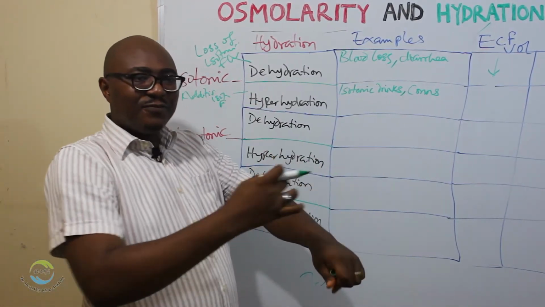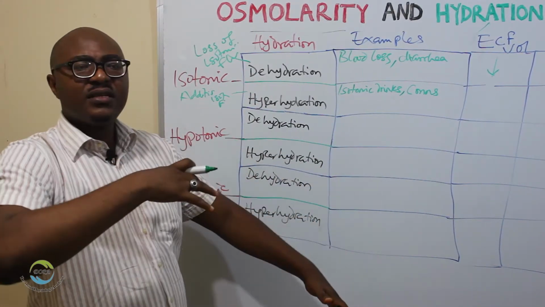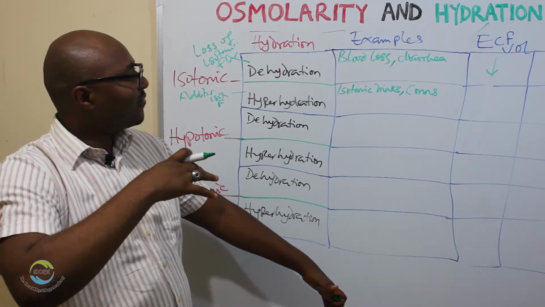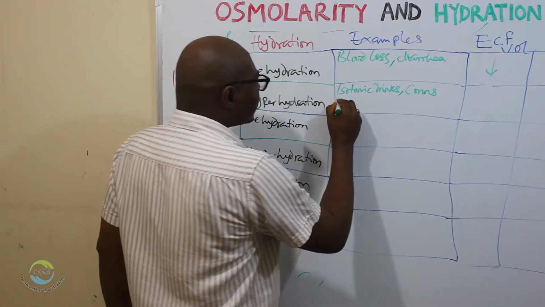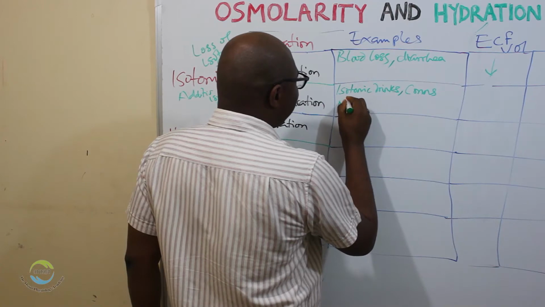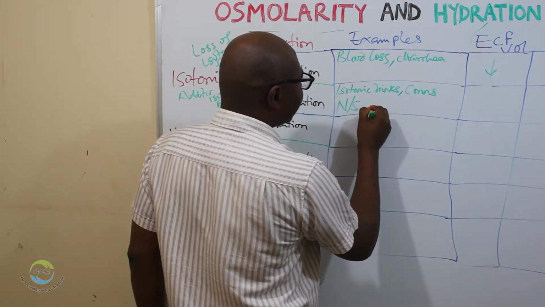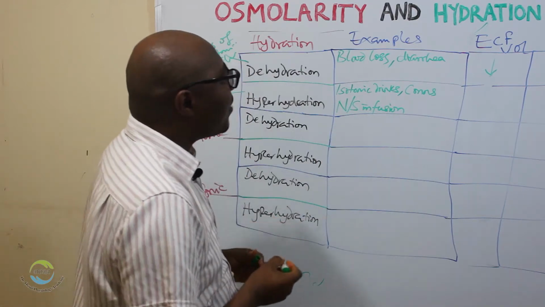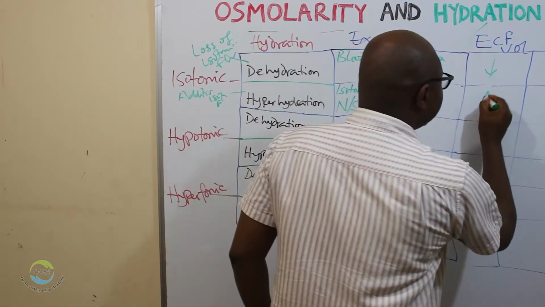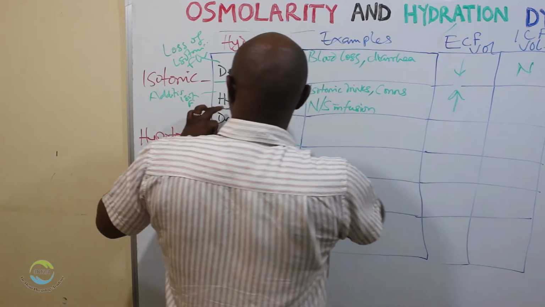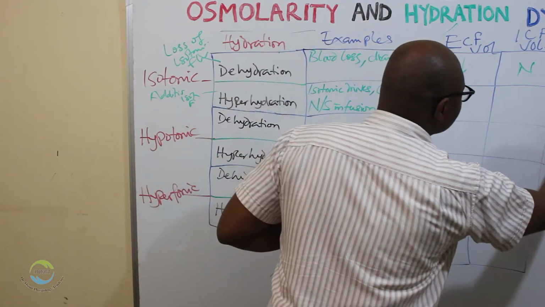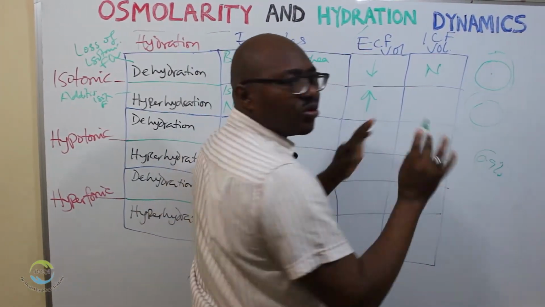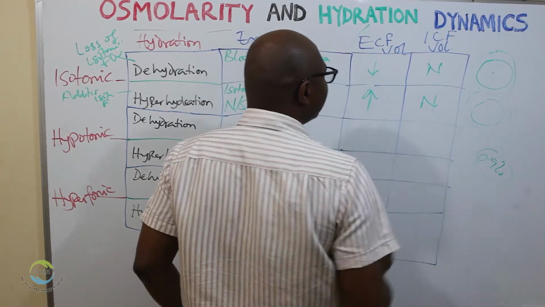So when there's that infusion, it will increase your plasma volume. So normal saline infusion can cause that. So what happens to the ECF volume? It is increased. But because it's isotonic also, there's no shift. So ICF volume is normal.